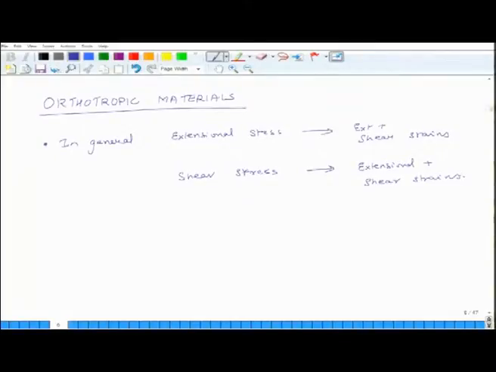So, in general their behavior is similar to that of anisotropic materials, but if you apply extensional stress along specific planes, and we will explain this, what you will see is that it will exhibit only extensional strain.